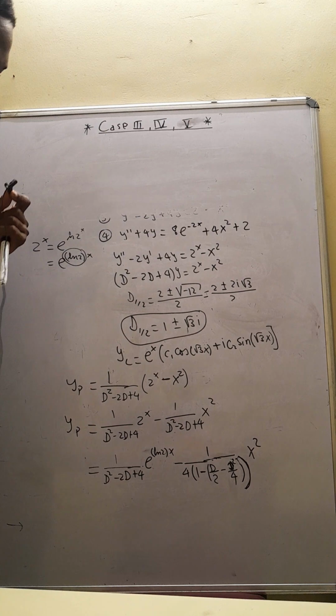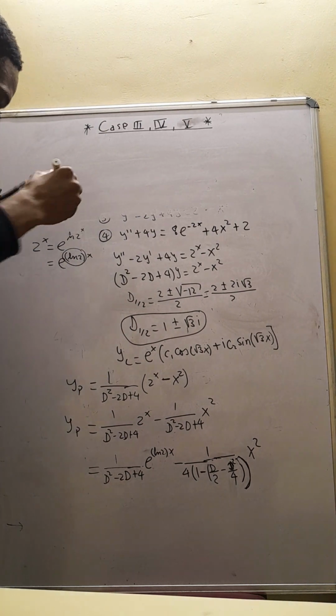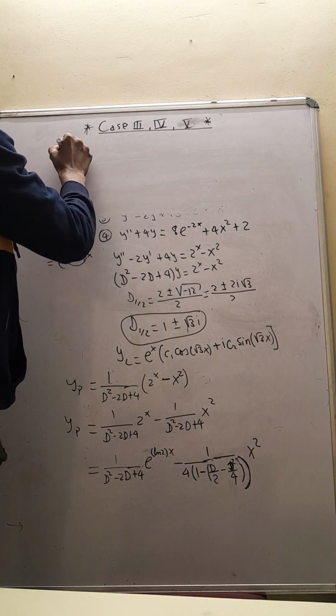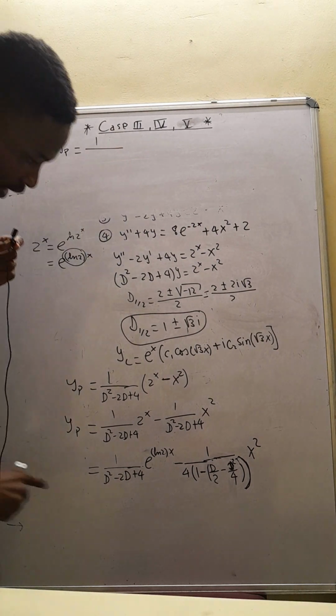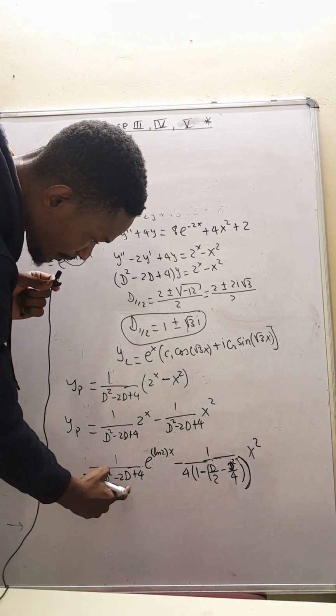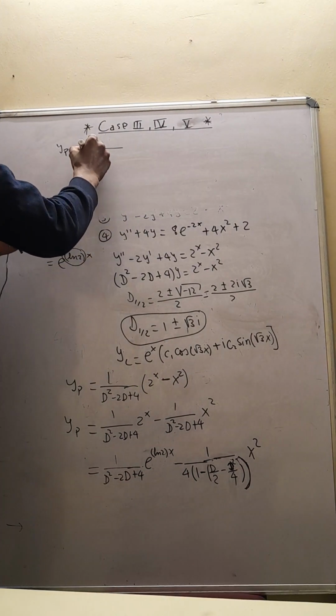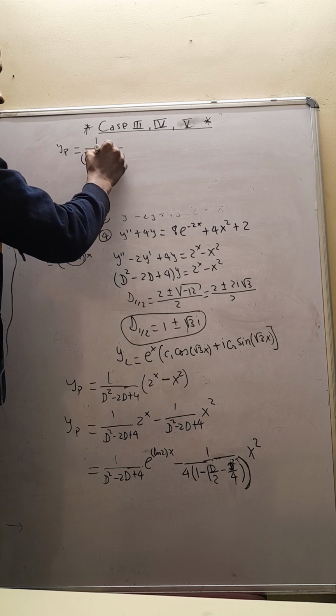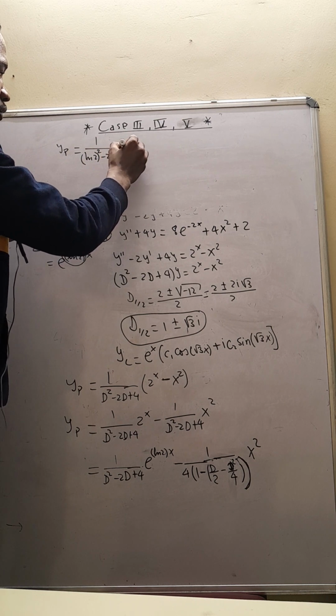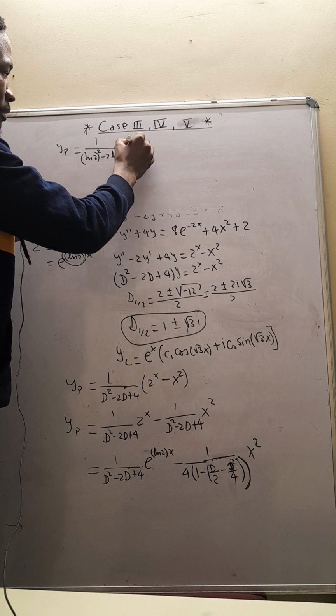I can erase this upper part here. So I will have yp is equal to 1 upon. Now see, ln of 2, I will substitute in the place of d. I will get ln of 2 squared minus 2 ln of 2 plus 4.